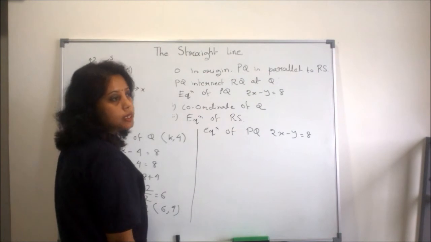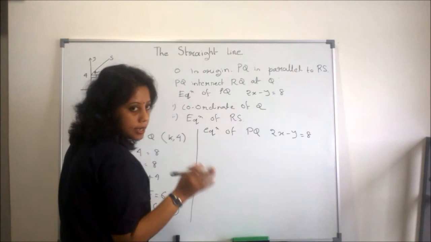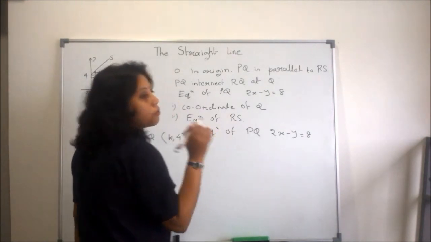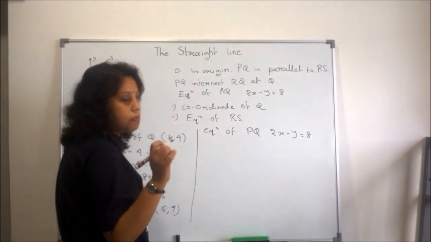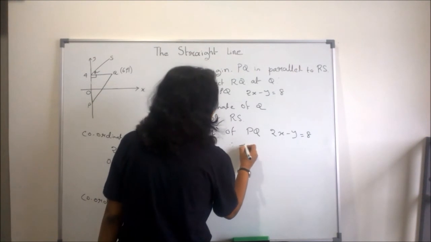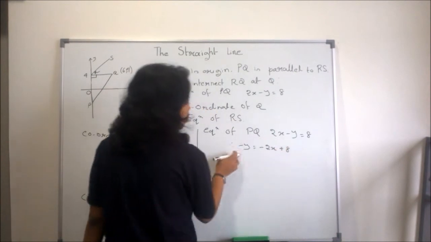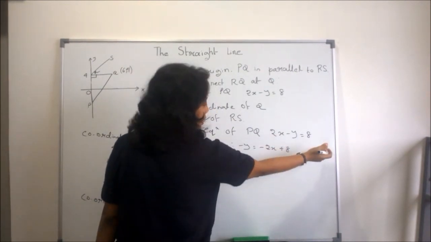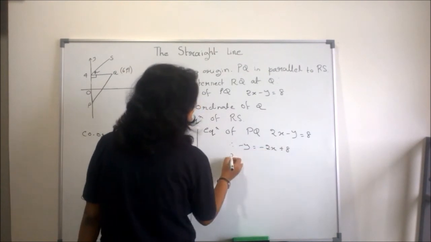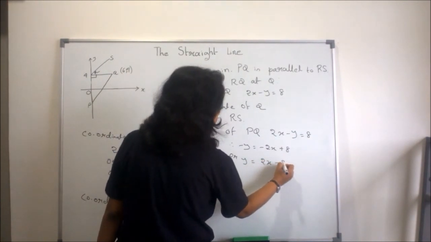From here we are going to find the gradient of this line. To do this, we will write it in the general form of the equation of a straight line, that means y is equal to mx plus c. So we write minus y is equal to minus 2x plus 8, taking 2x to that side. We divide by minus 1 on both sides, so y is equal to 2x minus 8.